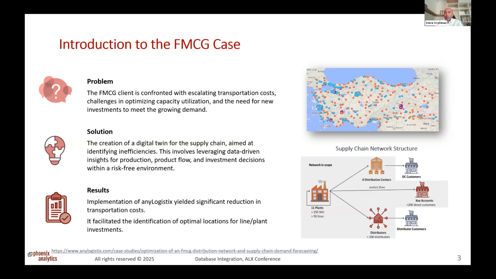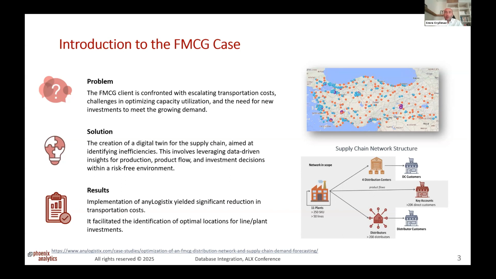On the map here, you can see that the red dots are the distributors, and the blue dots are the direct customers that CCI is distributing to directly. The distribution here is full truckload, FTL. It is not a milk run; only full truckload shipments are made.